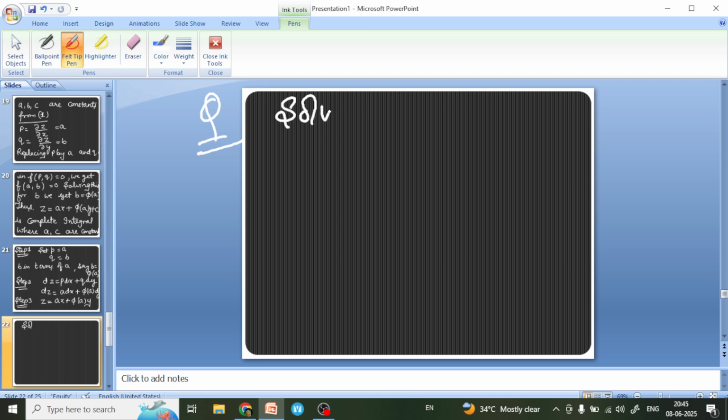Solve p square plus q square equal to npq. Now solve it.